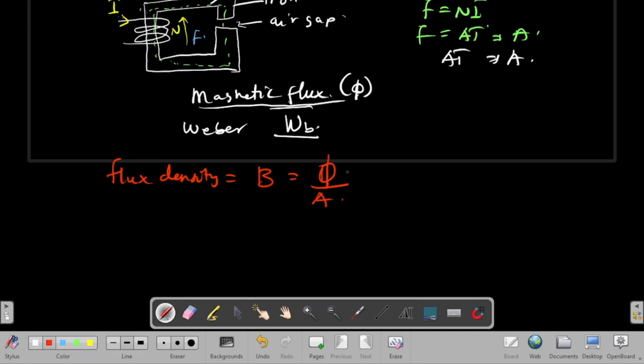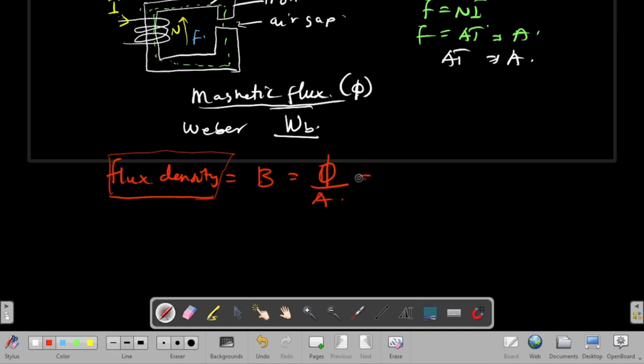In magnetism, how strongly a magnetic effect is felt at a particular point depends on two things: the magnetic flux at that point and the area. So if you have a very small area with a very high magnetic flux, that place will be felt strongly. The magnetic flux density is simply talking about how strong the magnetic effect is felt. Wherever you have a larger area, obviously your flux density will go down, right?